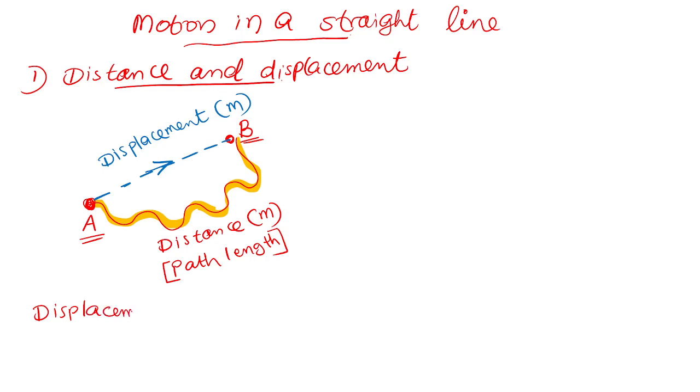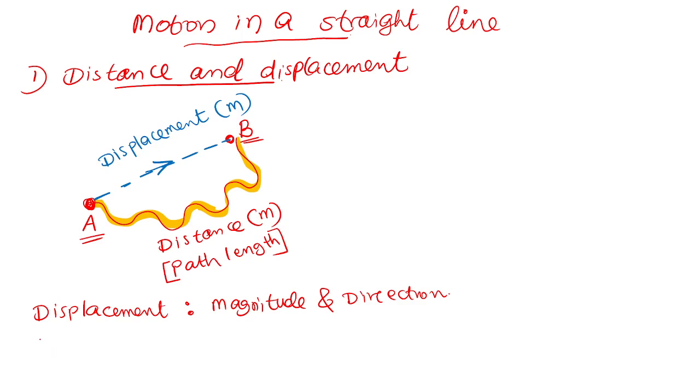Displacement is a physical quantity which has both magnitude, like 10 meter, 20 meter, and direction, like north direction, east direction.